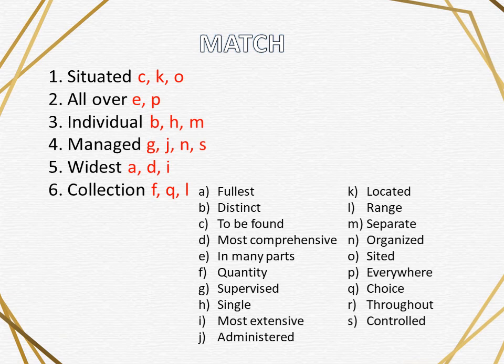Number 4, managed, you can use supervised, administered, organized, and controlled. Number 5, widest, you can use fullest, most comprehensive, and most extensive. And the last one, for collection, you can use quantity, choice, and range.